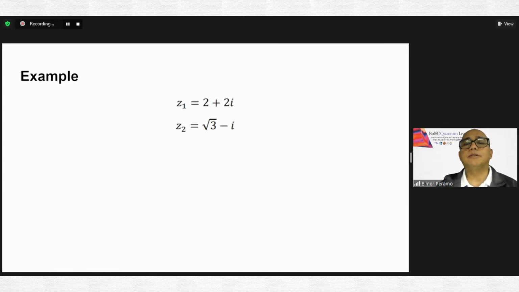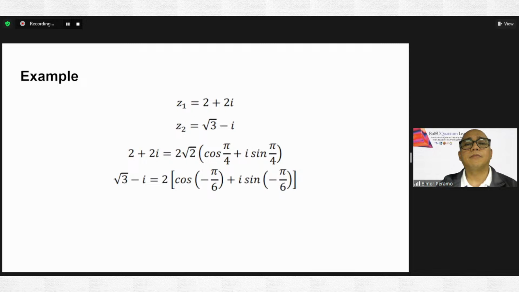Example. So we have these two complex numbers in their rectangular form. We convert them to their polar form. This is the conversion to the polar form. You get r is this one, since 2 squared plus 2 squared, square root of that is square root of 8.